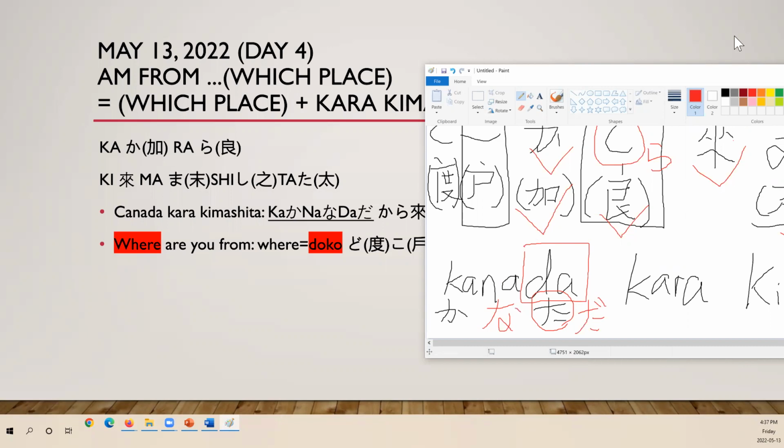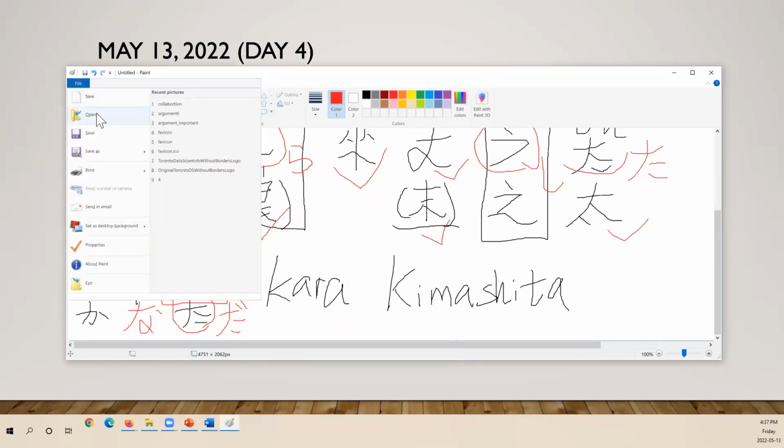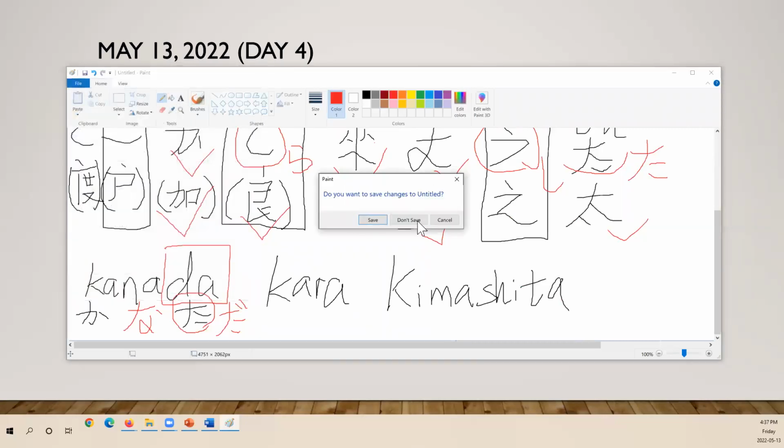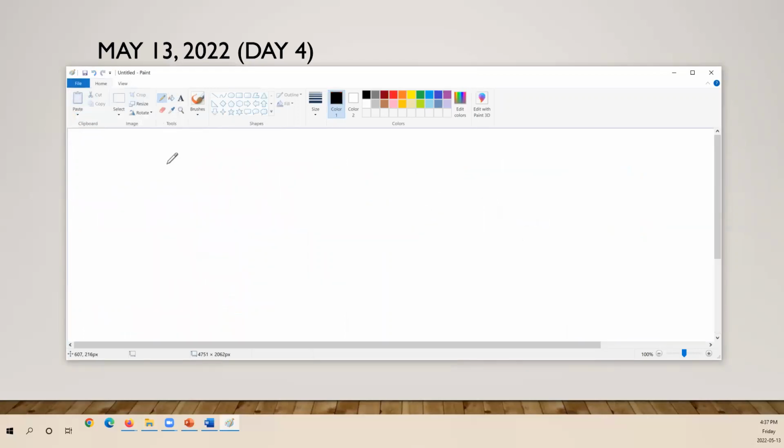Okay. All right, so let's try to review what we have learned in our previous class. In our previous class, we learned how to say excuse me, which is sumimasen, right?